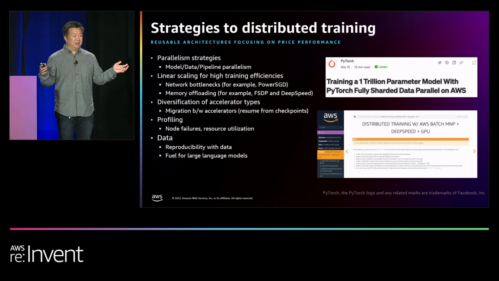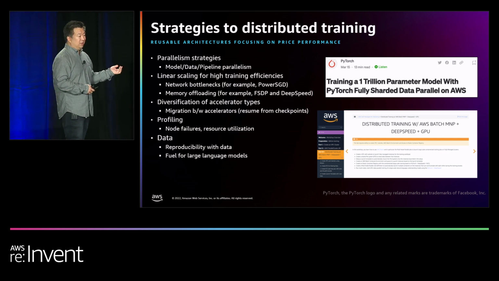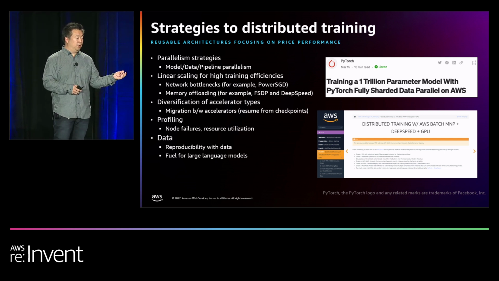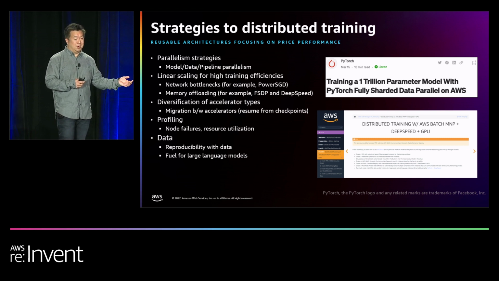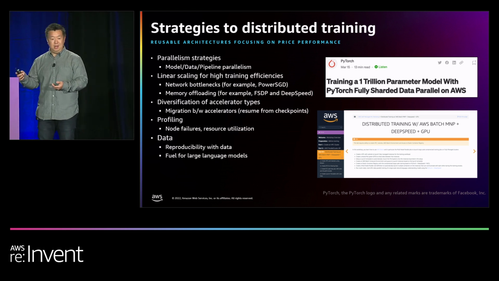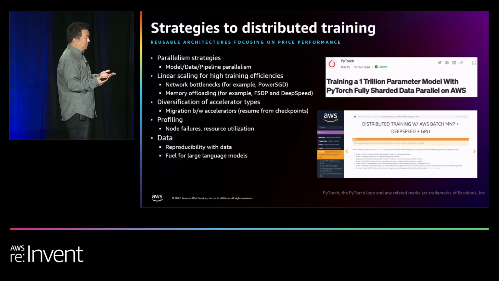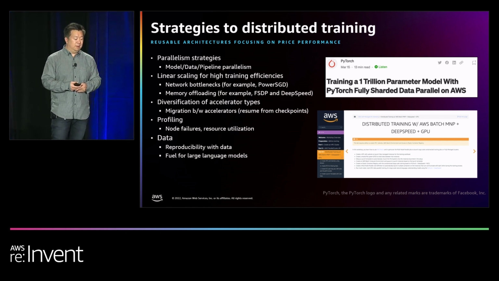Again, as far as network is concerned, a part of it is what's available from hardware. EFAs are a great choice if you need the bandwidth between your nodes in a cluster. But in addition, or in lieu of just throwing hardware at the problem, you can actually have strategies to limit the amount of communication bandwidth you need by leveraging things such as gradient compression, 1-bit Adam, and 1-bit LAMB.